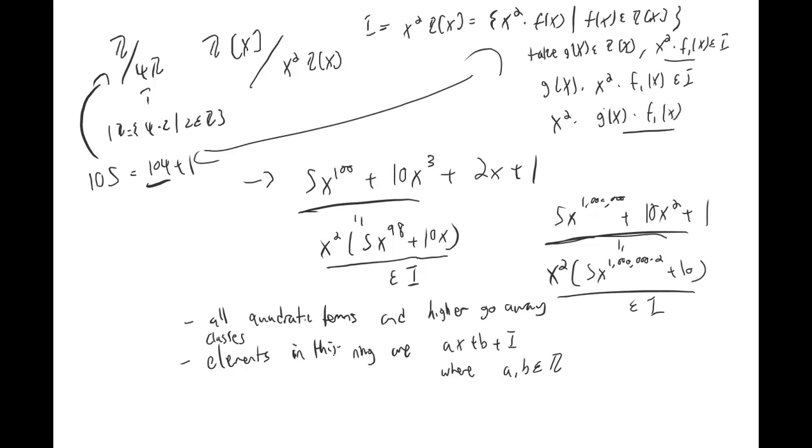And this thing is in Z[x], because each of them is in Z[x]. So this is in I. So you just check the properties.